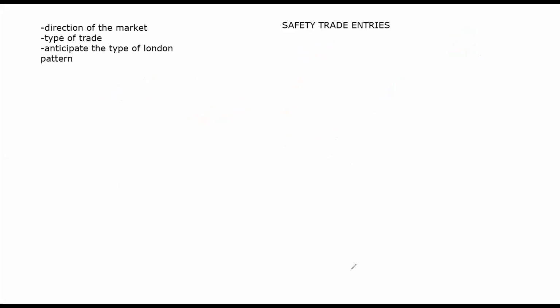So normally when we talk of safety trades, number one, we have a close above or below 13 EMA. That's our first method of entry, a close above or below 13 EMA.